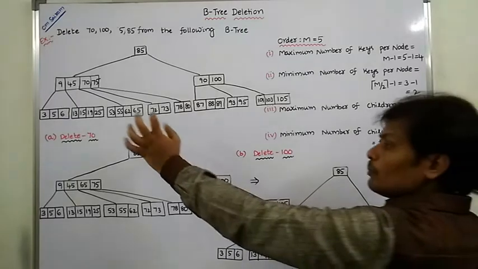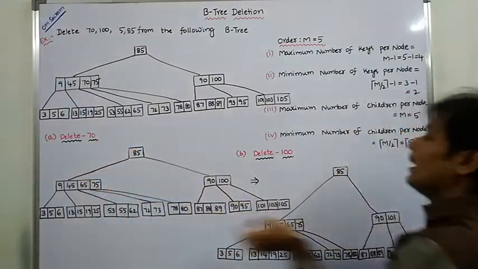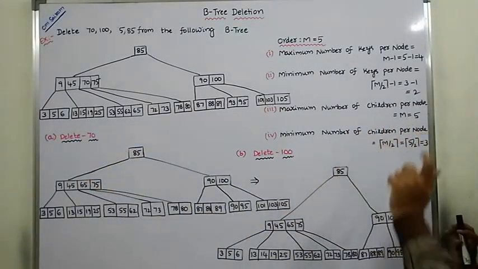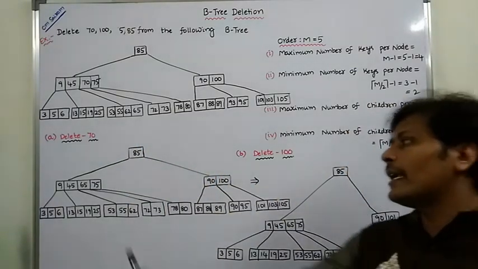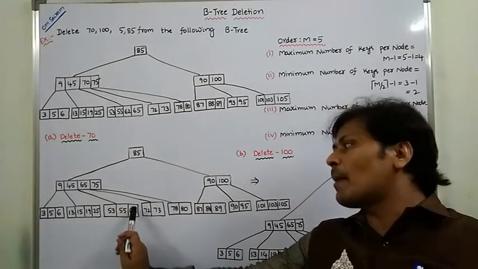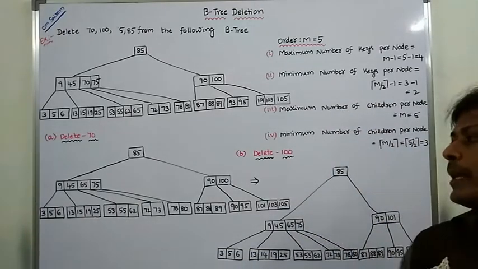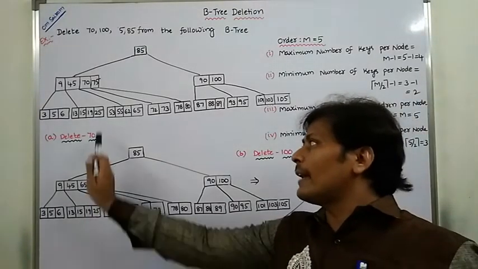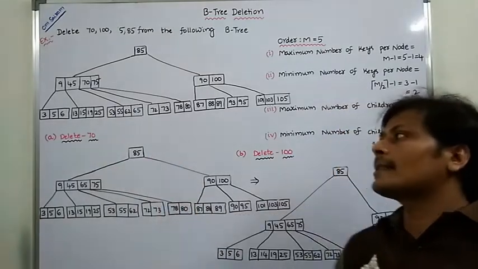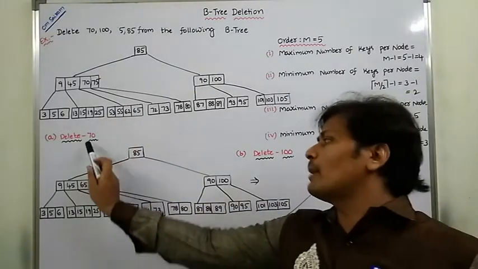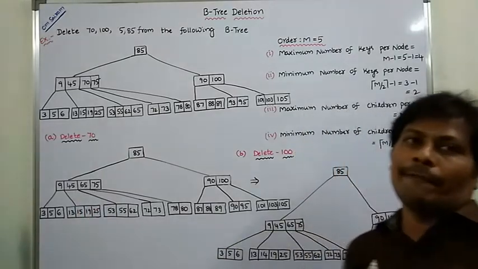Here the in-order predecessor was considered, and here the in-order successor was considered. The in-order predecessor of 70 is the maximum element in the left subtree. Here 70's left subtree is this one, and the maximum element in it is 65, so 70 can be replaced with 65.